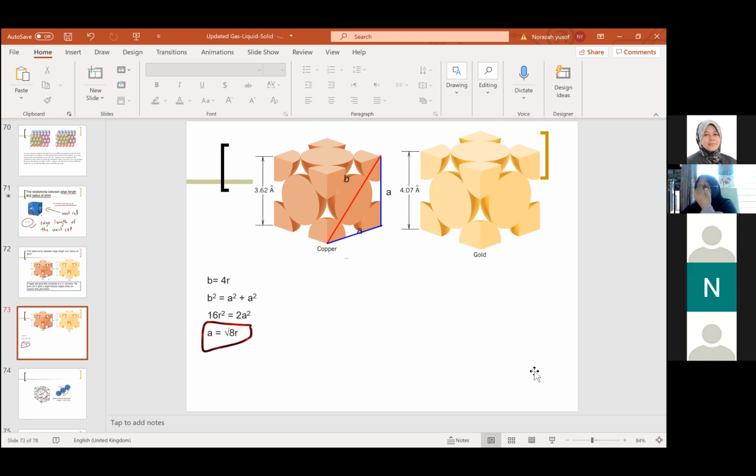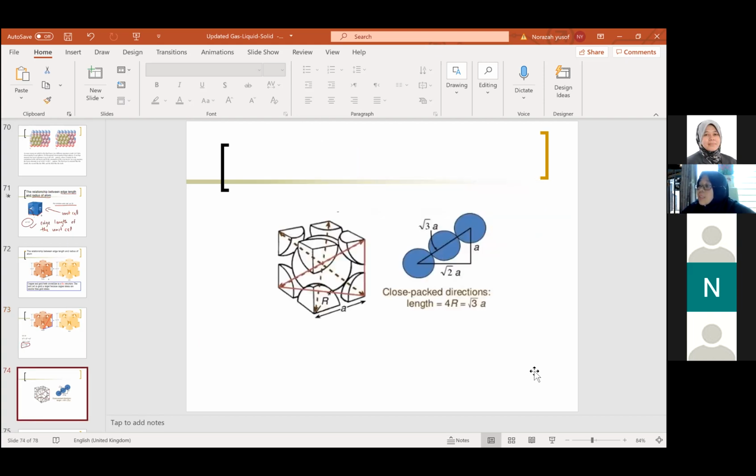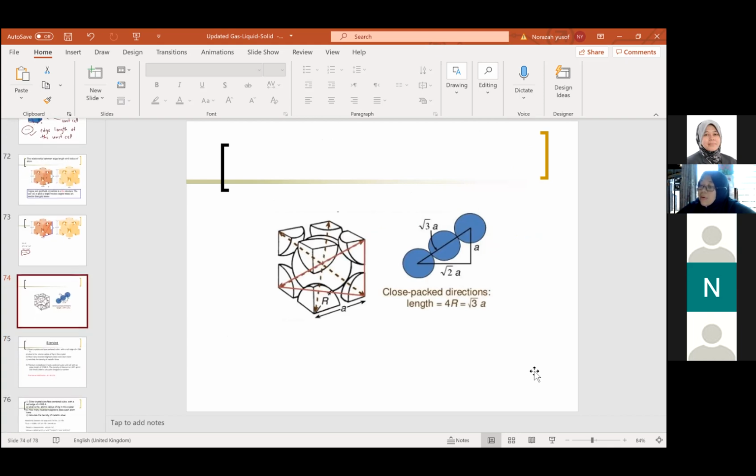The relation between edge length and radius is A equals square root of 8 times R. And the last one is for BCC, body-centered cubic. For body-centered cubic, the relation is R equals square root of 4A.